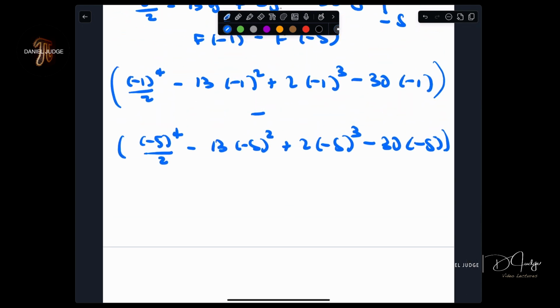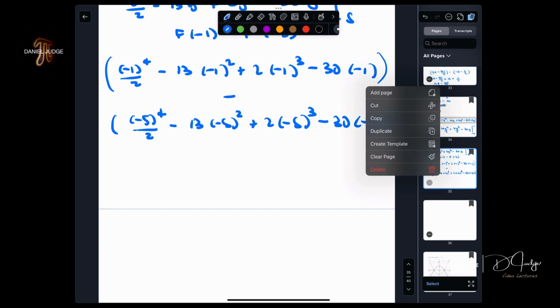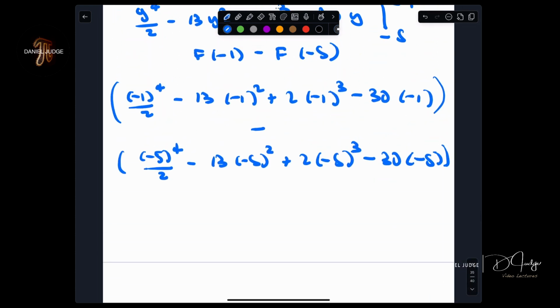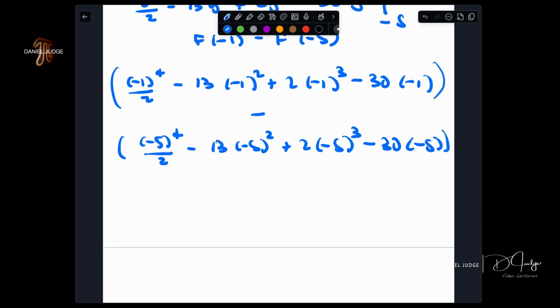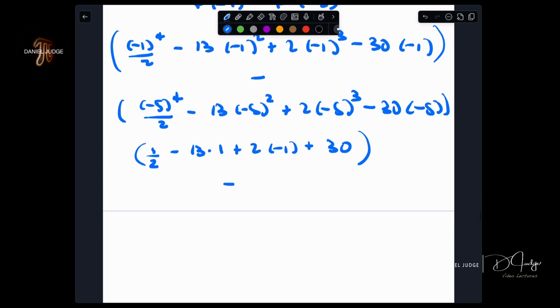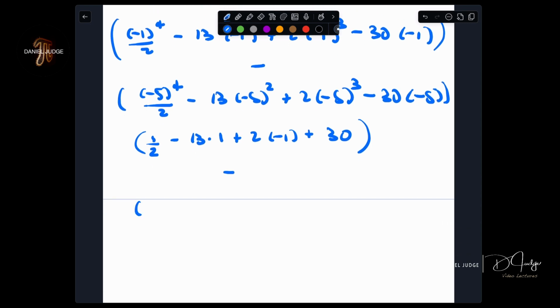I might even get another page out here, so let's do that. All right, now, we're going to have to do some arithmetic. Now, the thing about raising a negative number to an even power is it makes it positive. So you get 1/2 minus 13 times 1 plus 2 times negative 1, now I'll do plus 30. There's your first set of parentheses, minus the second set. Now you've got a negative 5 to the fourth power.